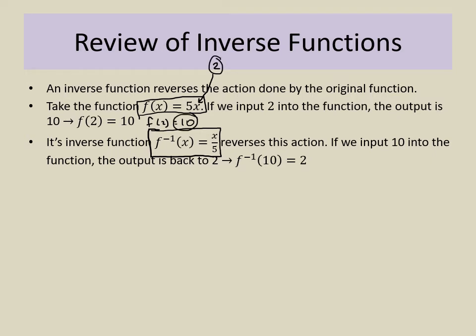In the reverse function, it's the other way around. If I put 10 back into this function, then the answer would be what? 10 divided by 5, excuse me, it's going to give me back the original value of 2. So that's what we mean by the inverse function reverses the operation of the original function.